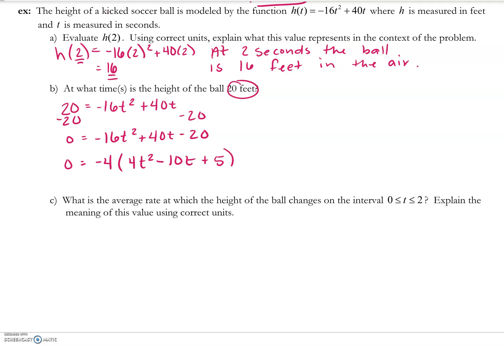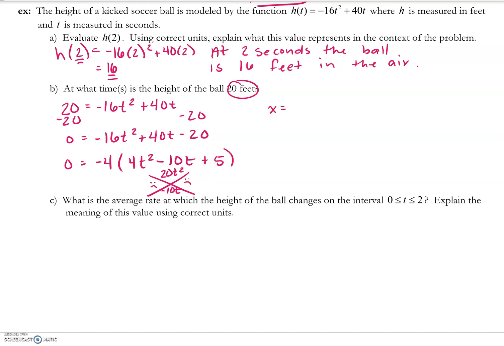And now I can go through and see if I can find 2 numbers that work when factoring. So I'm going to ignore this GCF of negative 4, and I'm going to ask myself, are there 2 numbers that multiply to give me 20t squared and add to give me negative 10t? I cannot think of 2 numbers that work, so at this point we are going to use quadratic formula.